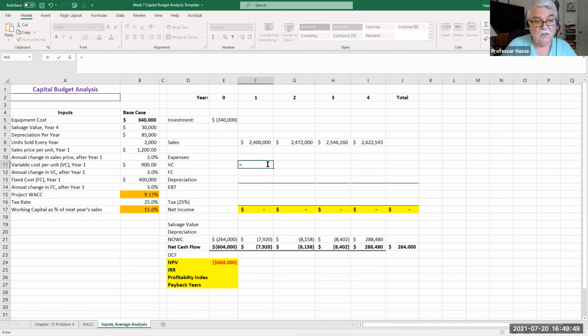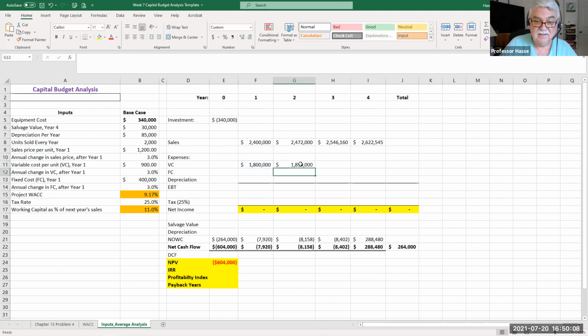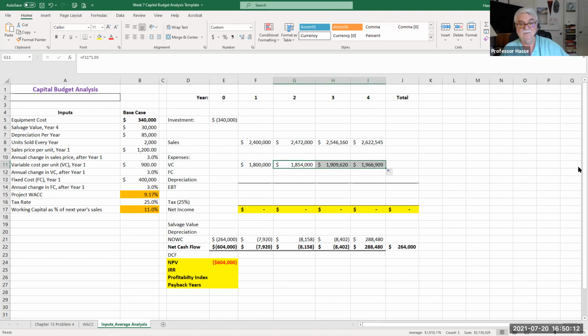So equals 2,000 units times $900. There's our total variable costs for year 1. This also is going to be inflated by 3%, times 1.03. There's our inflated amount. Slide that over. And there's our total variable costs for our project.